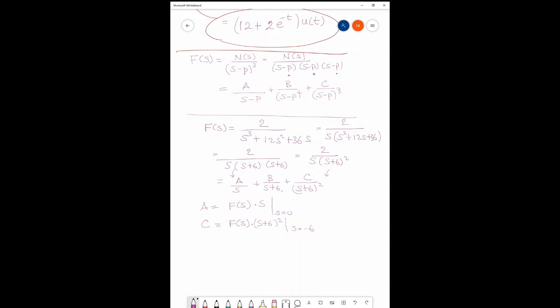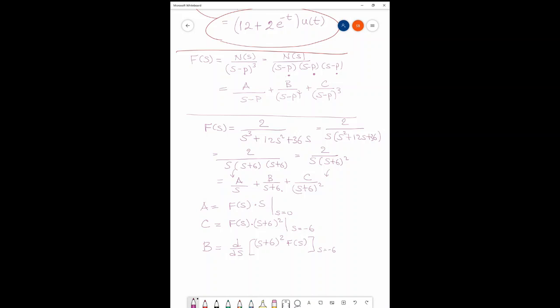The problem is for b. In order to find b, we are going to use differentiation. So we are going to differentiate f of s multiplied by s plus 6 the whole squared, and solve it for s equal to minus 6.